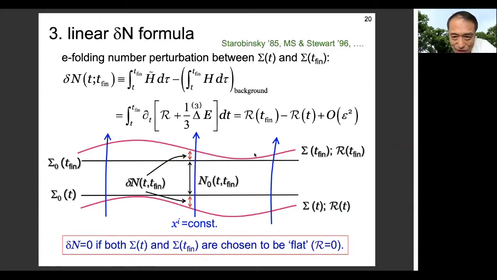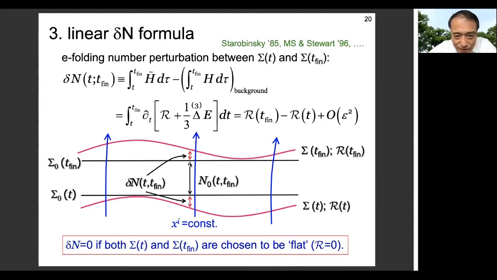For example, I'm just drawing what I mean by this delta n, which depends on the coordinate choice, I mean the slice choice. Look at this black hypersurface, which we assume to be a flat hypersurface where the curly R is 0.